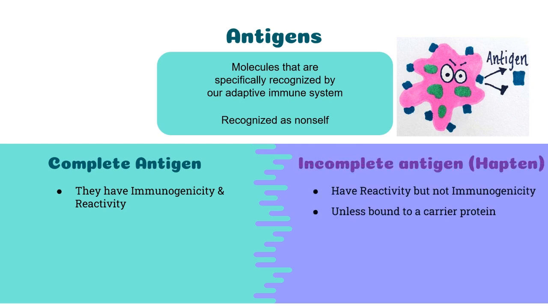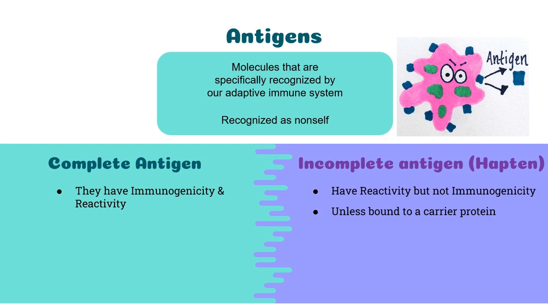So the antigen should have two important functional properties, which are immunogenicity and reactivity. Immunogenicity is that this antigen has the ability to cause a lymphocyte to proliferate, or increase in number, or multiply, and reactivity is that this antigen should be able to react with these lymphocytes that proliferated.